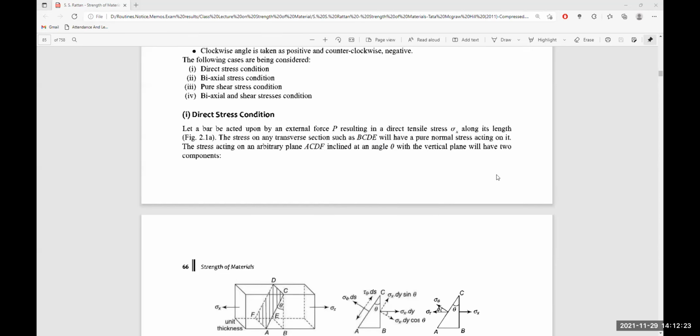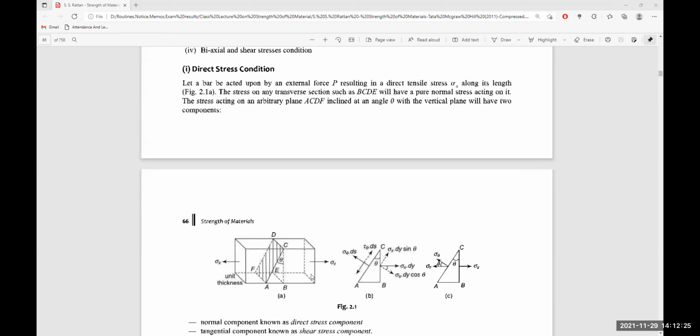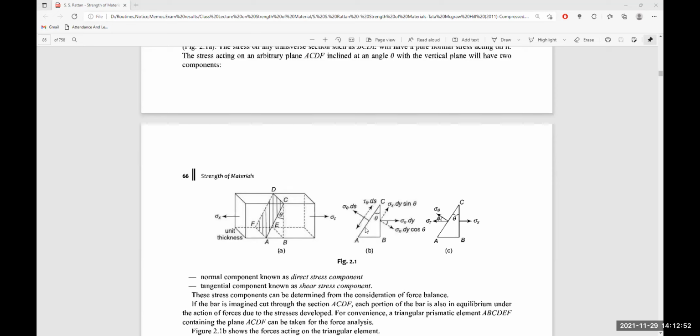Now, first of all, in the last class, we discussed a prismatic bar subject to a tensile stress sigma x along the longitudinal axis only. And what is the condition of the stress over a plane ACDF, which is placed or truncated through the prismatic bar at an angle theta with the normal plane DCDE.